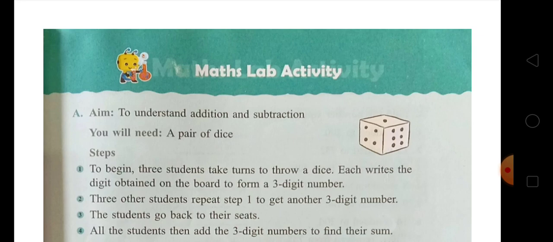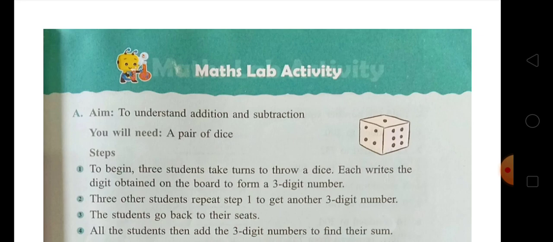As, for example, the first student throws the dice and the digit is 3. The second student throws the dice and the digit is 4. And when the third student throws the dice, the digit is 6. So the number is 346, that is a 3-digit number.